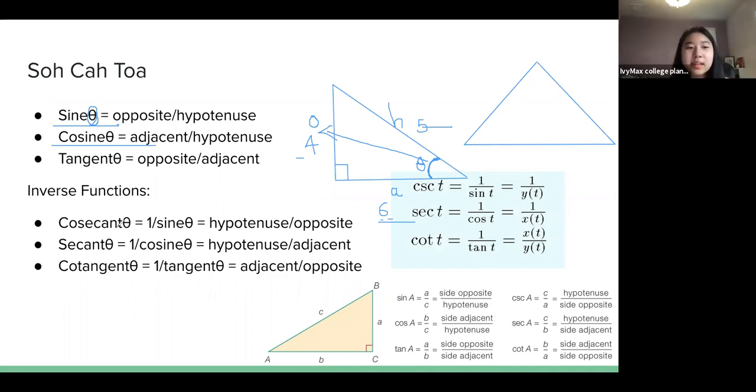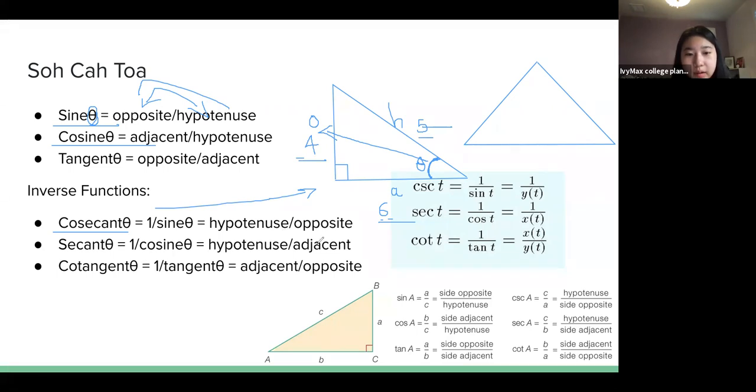Cosecant, secant, and cotangent are just the inverse forms of sine, cosine, and tangent. You don't really need to memorize them, just remember to switch them up. For cosecant in this triangle, it's hypotenuse over opposite, so 5 over 4.